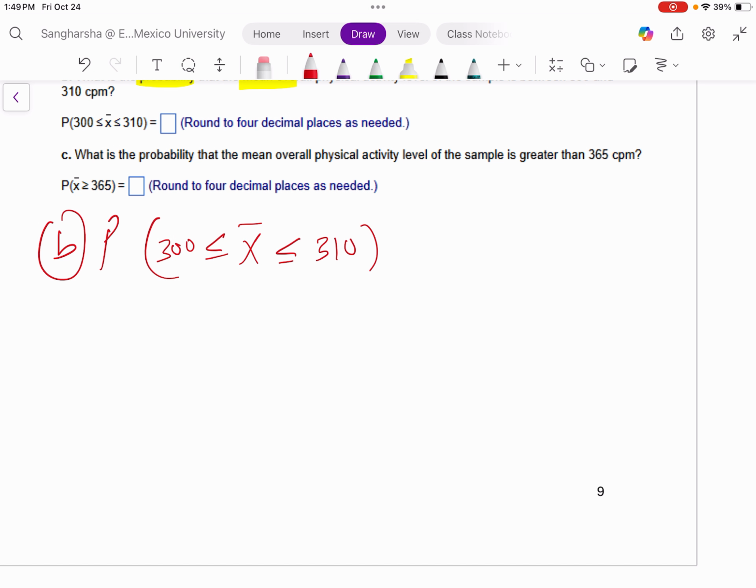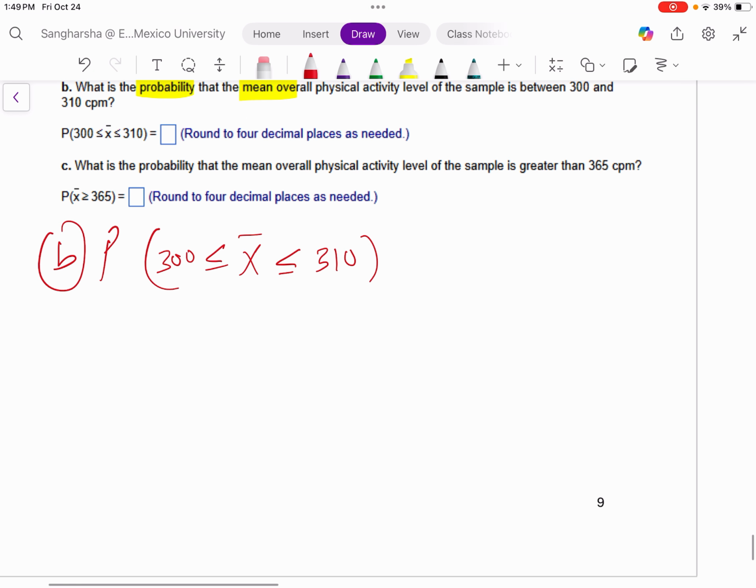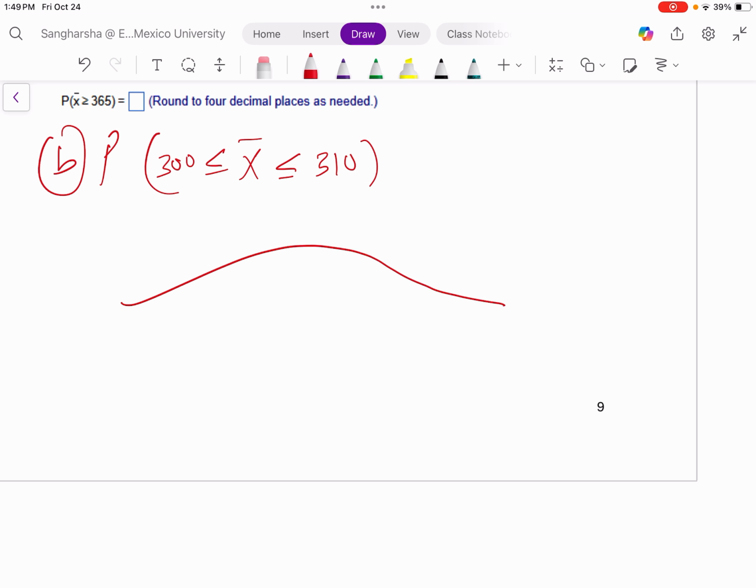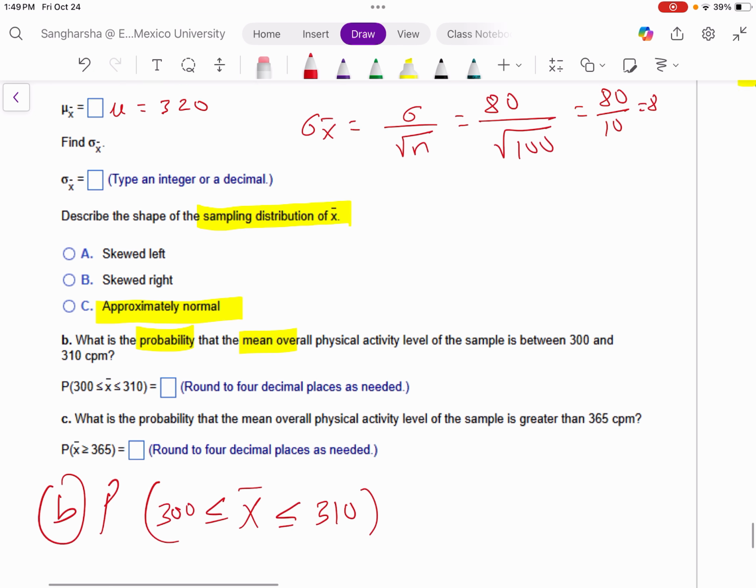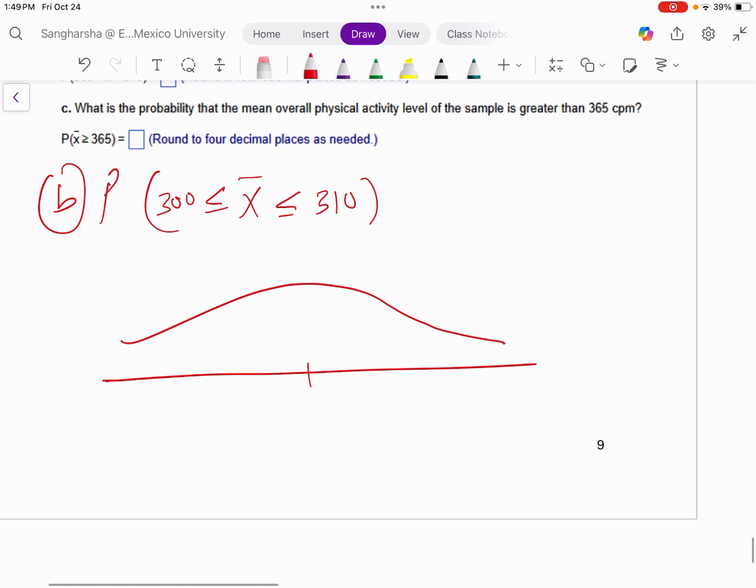Since we know our distribution is normal, let's draw a bell shape. Our mu of x bar is 320. Let's locate these two numbers. 300 is here, 310 is here, and we want to find the area in between 300 and 310.